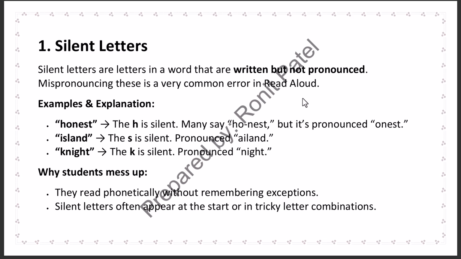Instead, it hears a distorted sound pattern, reduced intelligibility, a non-native pronunciation signal, and immediately your pronunciation score drops. So the lesson from this slide is powerful and simple. In read aloud, correct silence is just as important as correct sound. Sometimes the best pronunciation is not pronouncing at all.